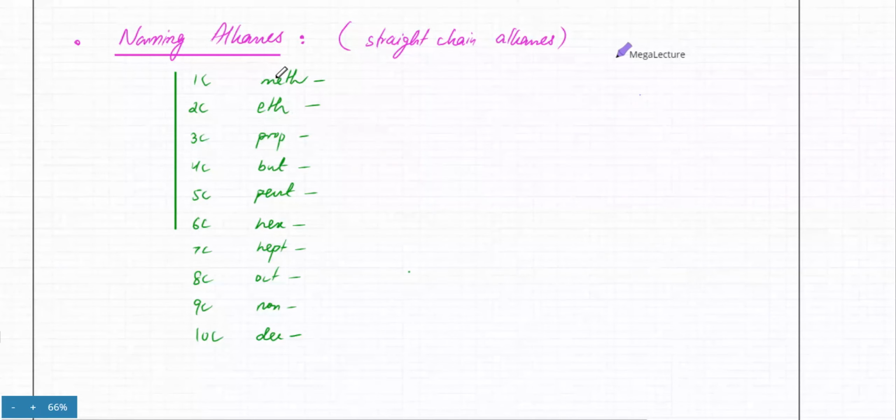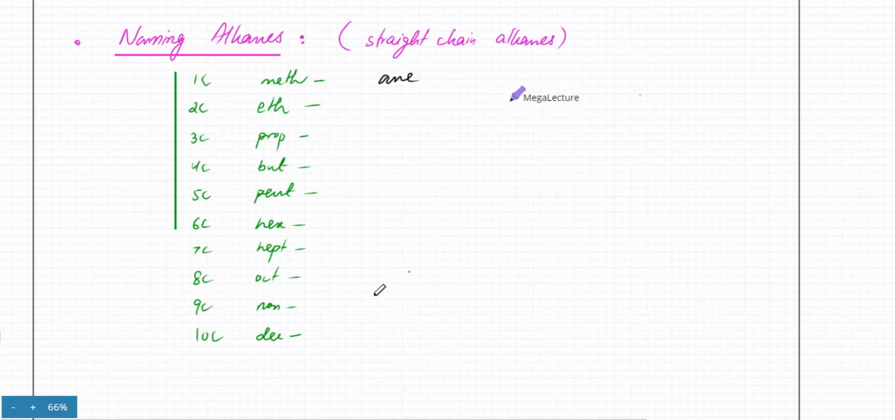This is the counting of organic chemistry. It's meth, prop, but, pent, hex, hept, and this is how far you should remember. This is not required, but it wouldn't do you any harm if you even remember that. Now, for an alkane, the name always ends with "ane," so the suffix is always "ane."